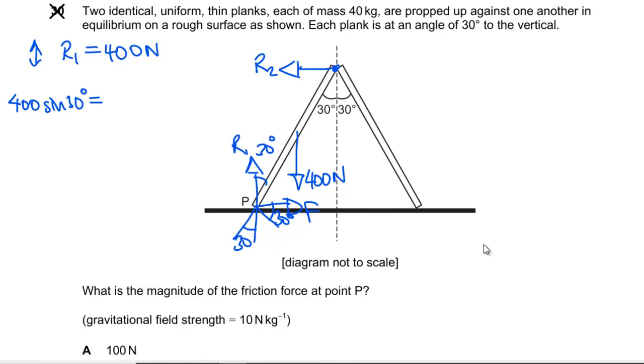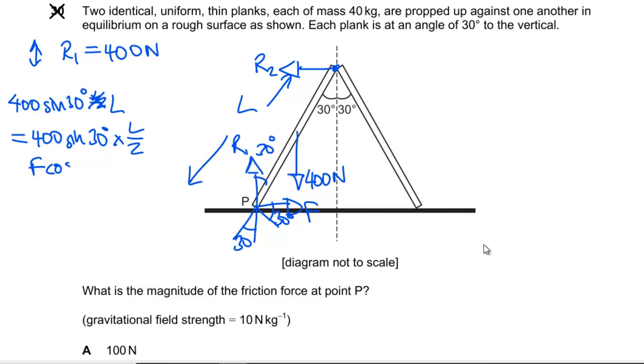And then that is going to be multiplied by the length of the rod, if we say that has got length L, all the way the length of the plank. So we've got that, and that has to be equal to a 400 sine 30 degrees times L over 2 from the weight, and we're going to have an F cos 30 degrees multiplied by the whole length of the rod.